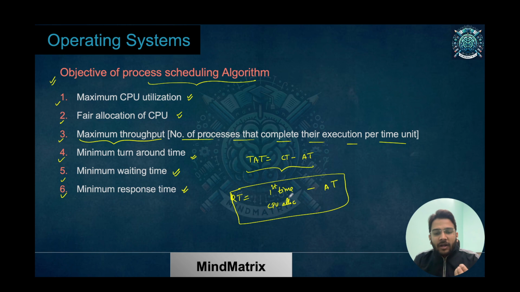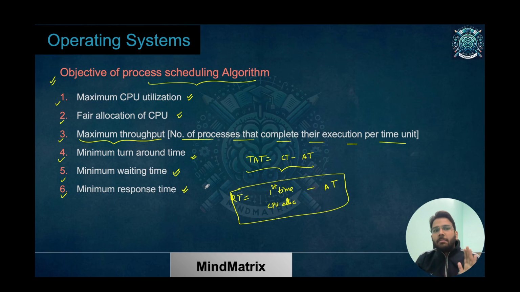Because if the process arrives at 0 units of time and gets the CPU at, let's say, 10 units of time, in that case the response time of the process will be much more. We want that if a process arrives in the ready queue, after just waiting for some time it should get the CPU so that it can start its execution. So we want minimum response time as well.